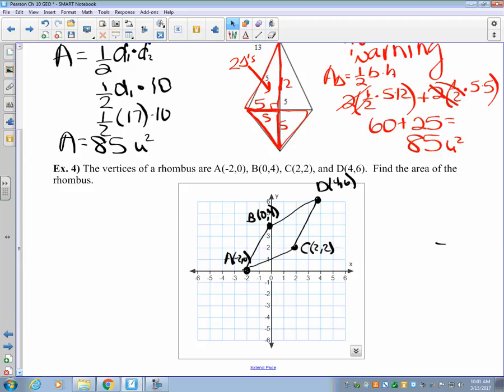We want to find the area of the rhombus. So we need to find the diagonals, because the area formula says we got 1/2 diagonal 1 times diagonal 2.